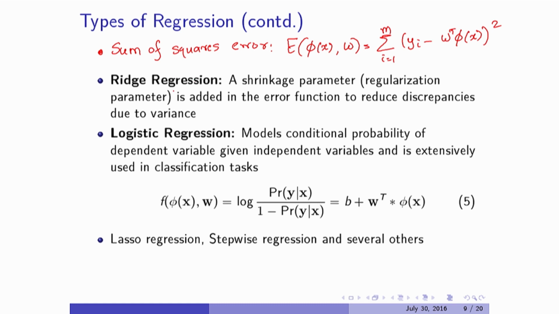Now you could consider variants of this where you make changes to the error function or the objective function. Ridge regression is an example where you introduce a shrinkage parameter. It's also called a regularization parameter.